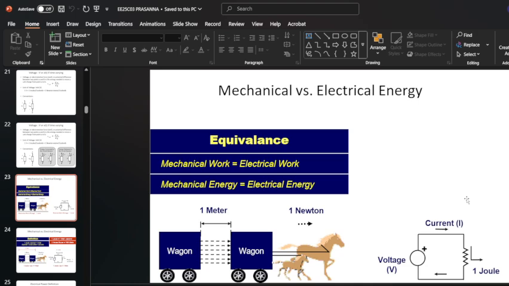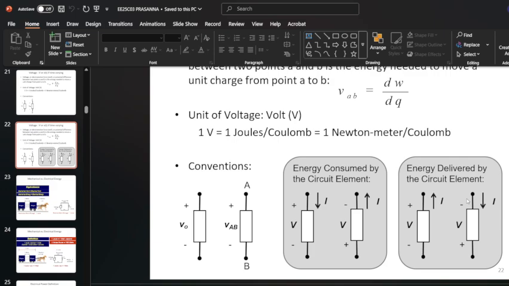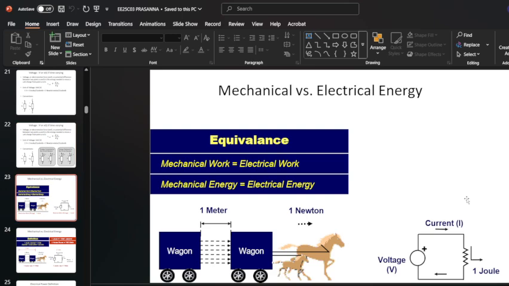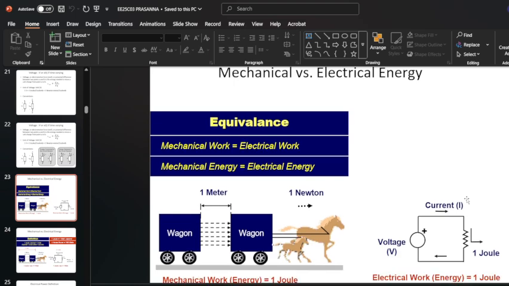Positive to negative to the load means energy consumption. The remaining energy, the current direction will be negative to positive. Now it delivers the remaining energy to the voltage source. That is the meaning, so this is a basic thing.